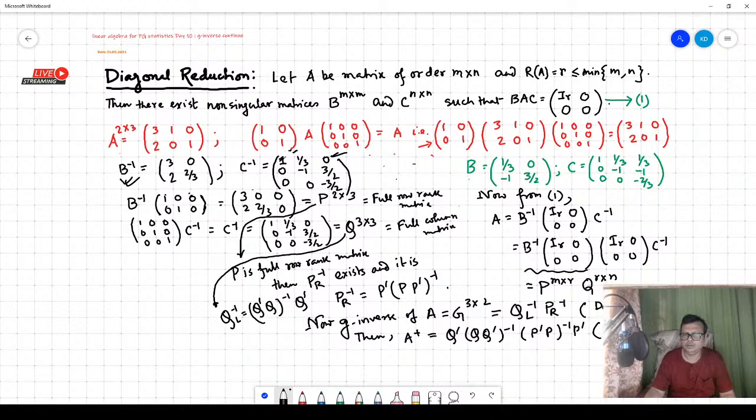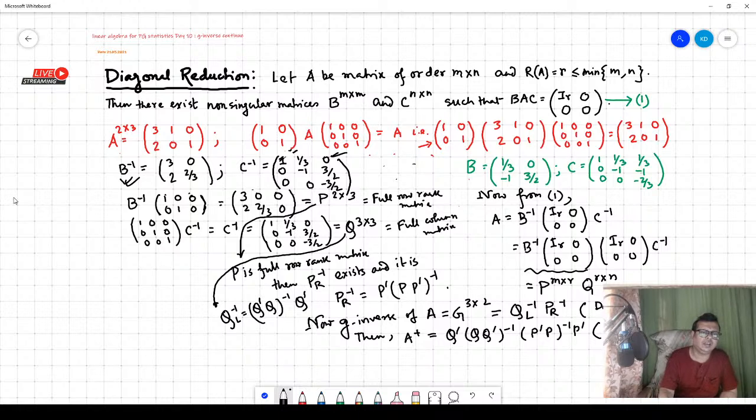So please complete this. So this is the process to find G inverse and Moore Penrose inverse. I will discuss another method after completing eigenvalue and eigenvector.